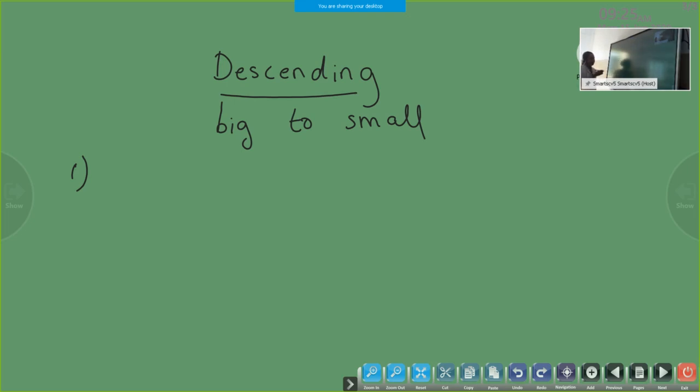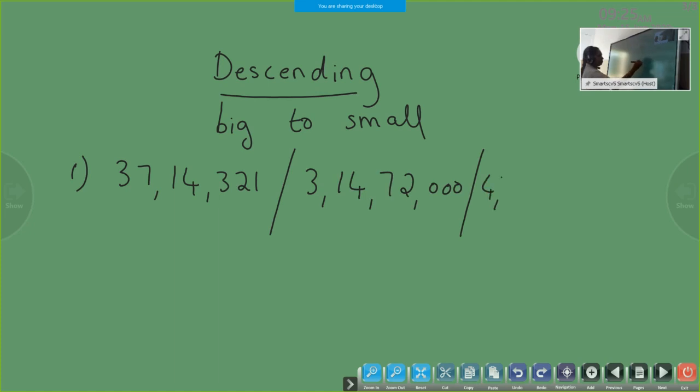Okay, so we'll move to some questions. I'll write some questions. Okay, I wrote 4 numbers here: 37 lakh 14,321, 3 crore 14 lakh 72,000, 4 lakh 72,000, 85 lakh 16,800.